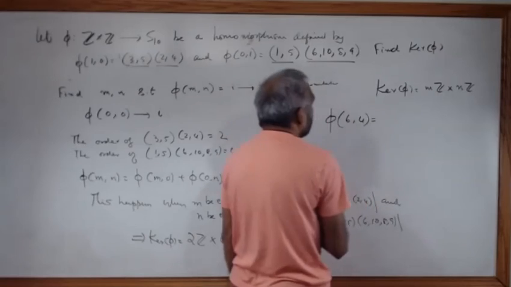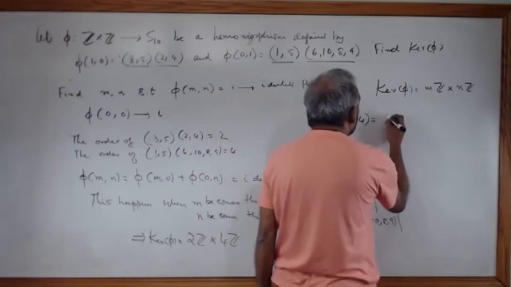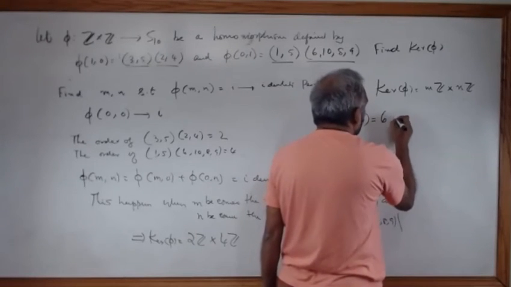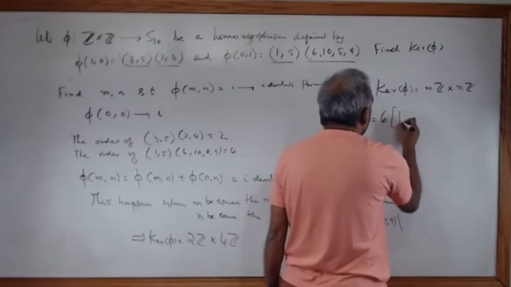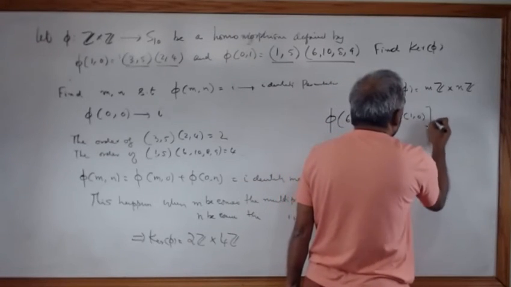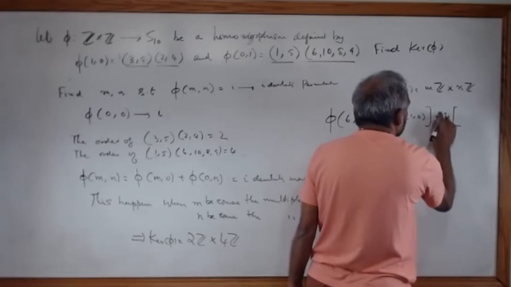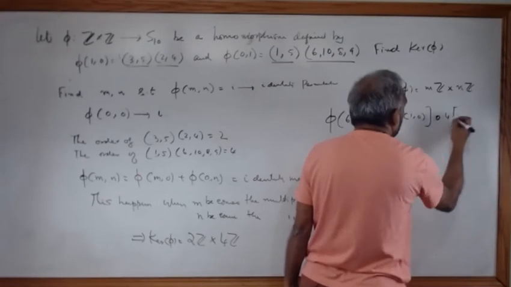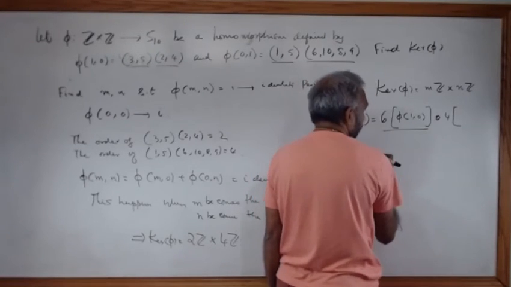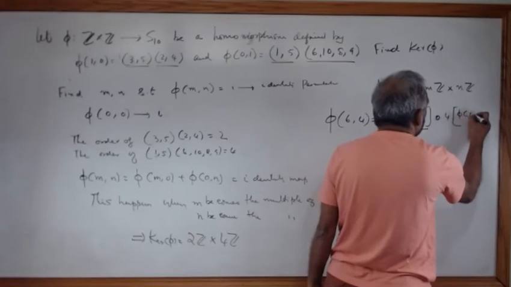This definitely will go to the identity map because this is equal to 6 times phi of (1, 0) plus 4 times phi of (0, 1).